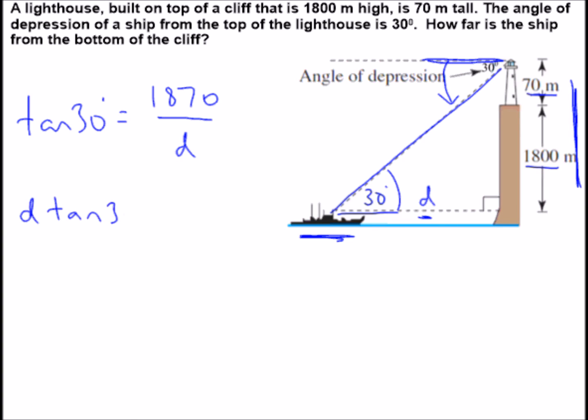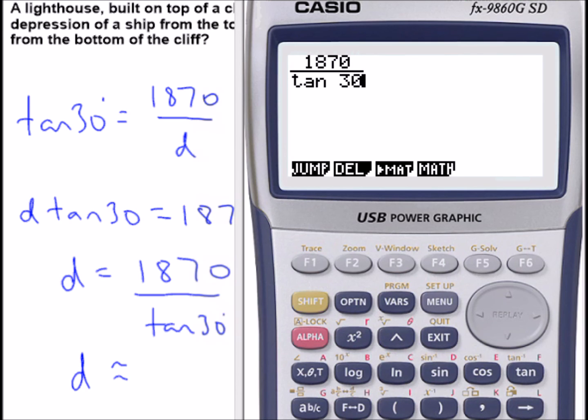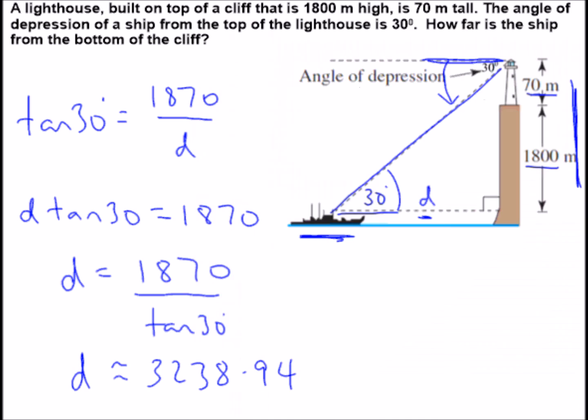So d tan 30 equals 1870. And now the tan 30 will divide to the right hand side, and we end up with this calculation here. So put that into the calculator, and we get an answer of 3,238.94. And once again, that's in metres.